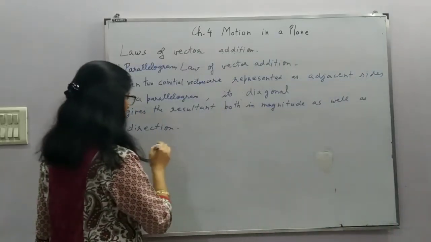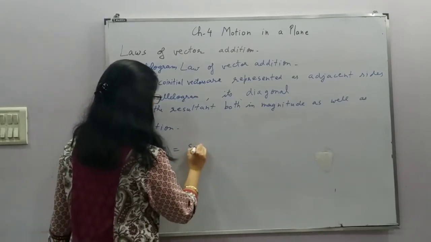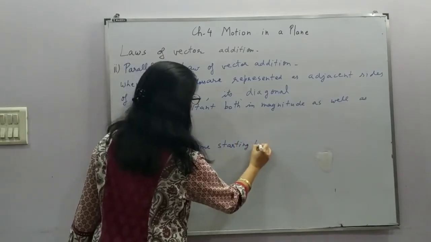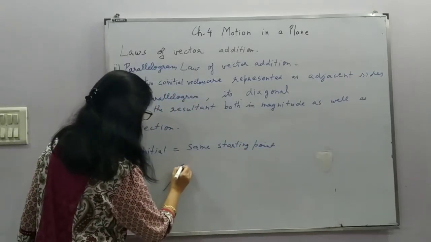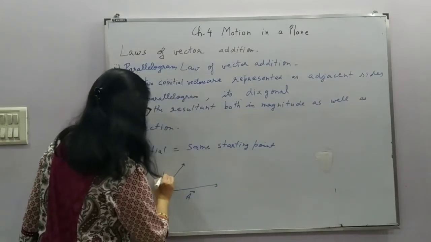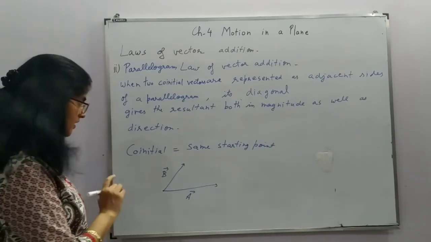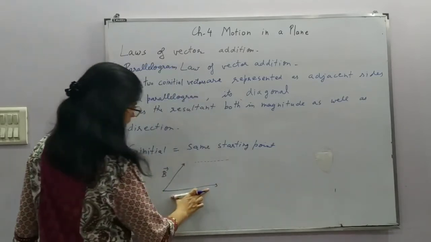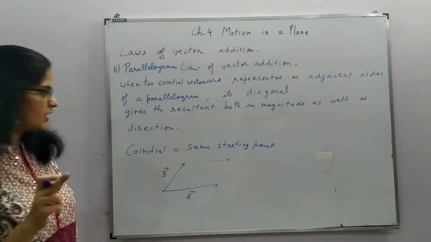So what does that mean? Co-initial means same starting point. Here in this case, if this is the vector A and this is the vector B, these have the same initial points. So these are co-initials. If I complete the parallelogram, the same vector I'll have to draw here because opposite sides of a parallelogram are equal.